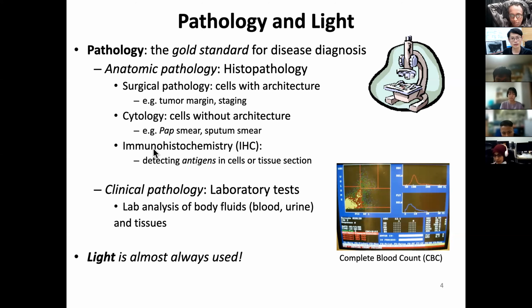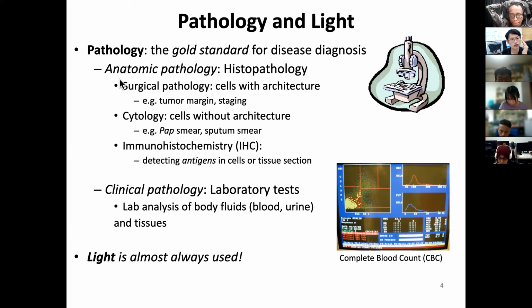A famous one you have to know is immunohistochemistry, or IHC for short. It combines histo, chemistry and immuno. You use the specificity of antigen-antibody interaction to figure out very specifically the molecule of your interest, detecting antigens in cells or tissue sections.